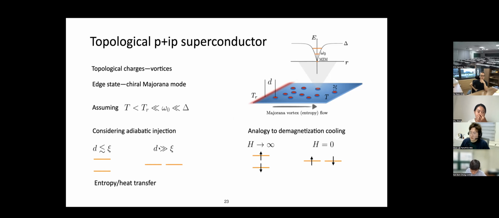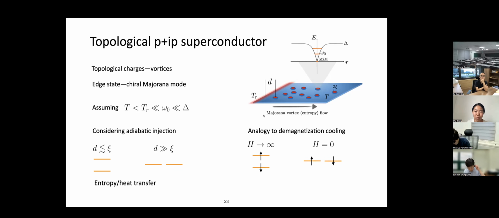To think about the adiabatic injection of a vortex into the system, we can compare two length scales. One is the distance between the vortex and the edge mode, and the other is the coherence length of the superconductor, which also defines the size of these vortices.